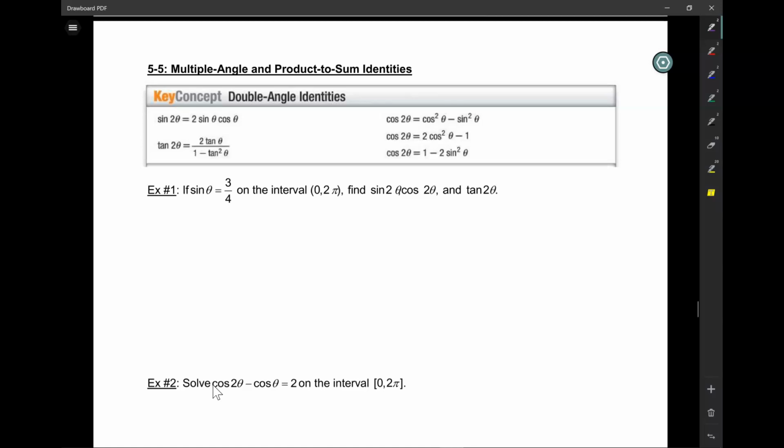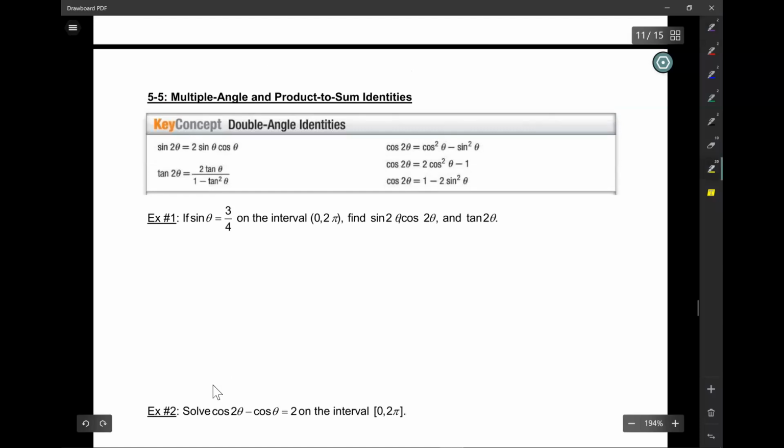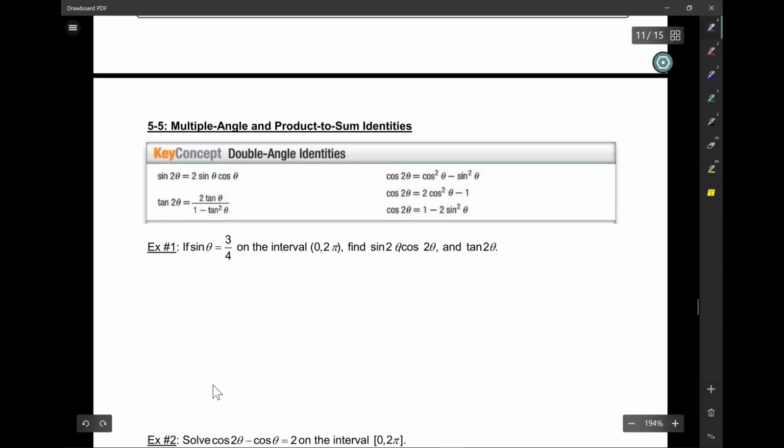So, we're first going to start talking about double angle identities. Let's just think about what that means for a minute. Suppose I asked you what is sine of 30? How much is that? 1/2.